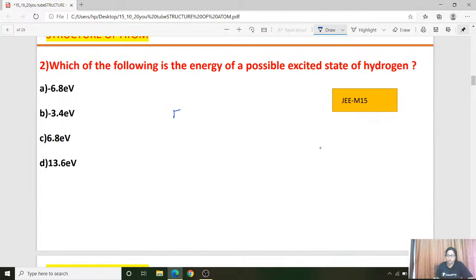What is the formula student? En is equal to minus 13.6 into Z square by N square electron volt, minus 13.6 for hydrogen. What is Z student? Z is atomic number and for hydrogen it is 1, divided by N square.